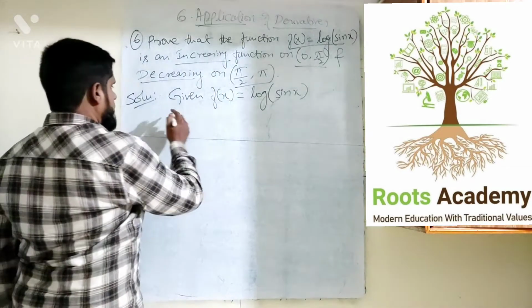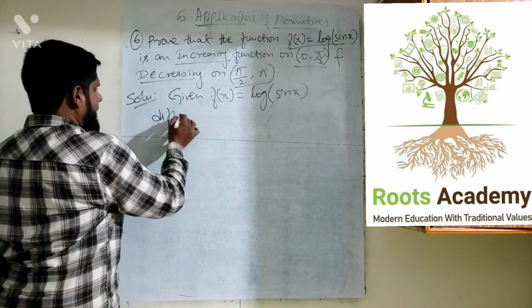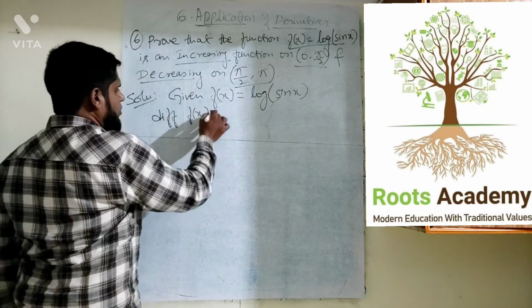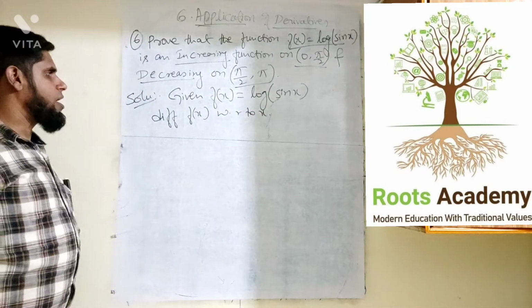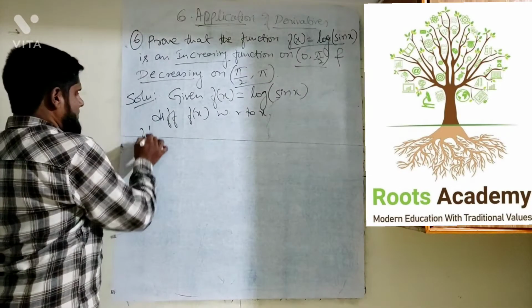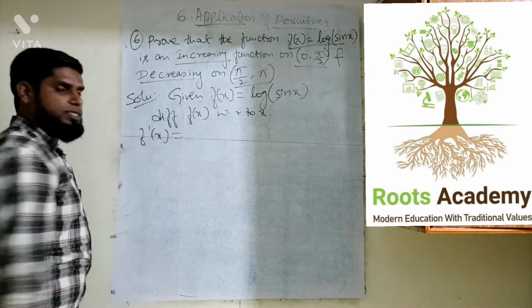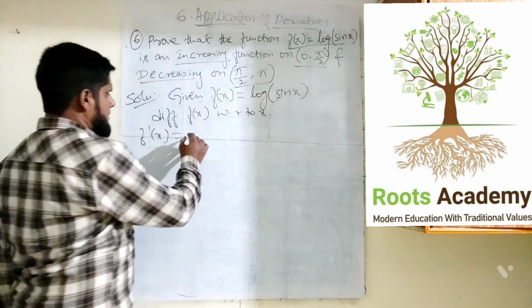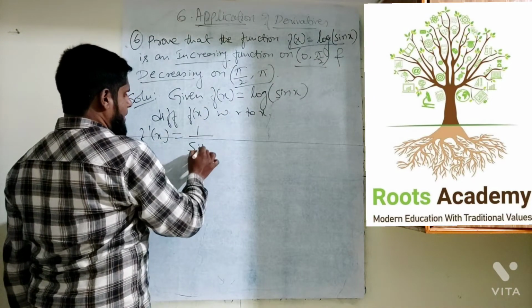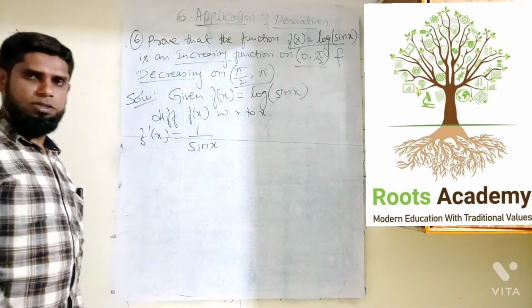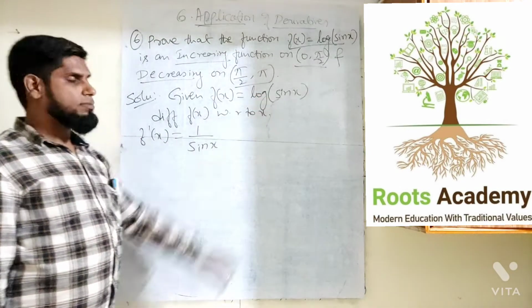So here, if you differentiate f of x with respect to x, what do we get? f dash of x is equal to the derivative of log, which is 1 by sin x. The derivative of log is 1 by x.